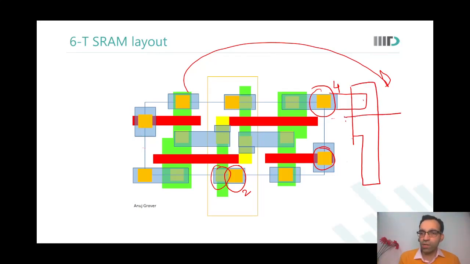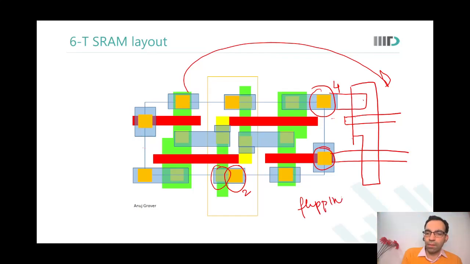There will be a poly over here. This poly would extend like this. You see, we are now mirroring the cell. This mirroring of the cell is called flipping. So you do not translate the cell, you flip the cell.